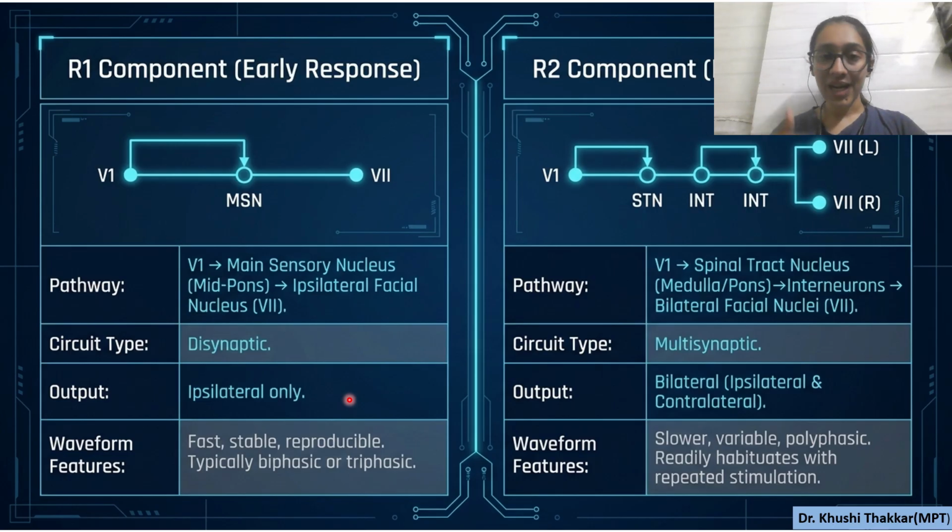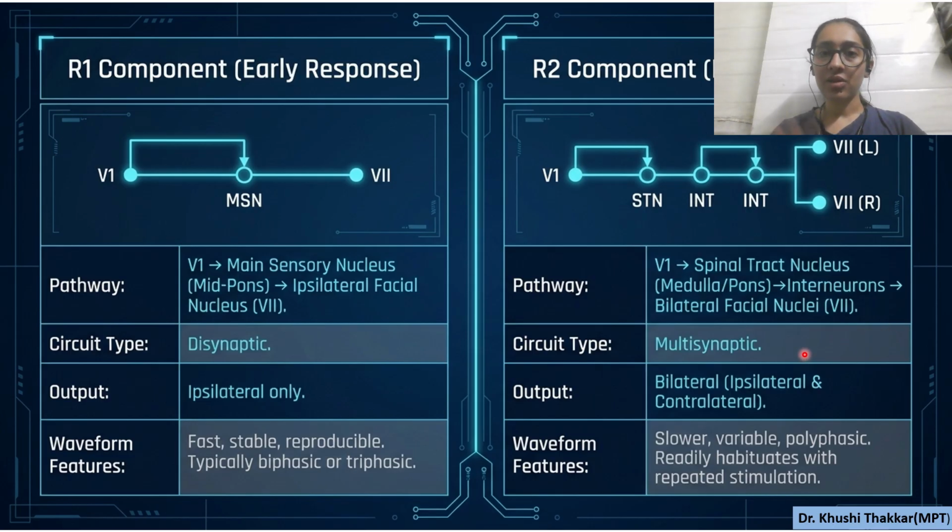Wave features: it is fast, it is stable, you can reproduce it again and again, and it is typically biphasic or triphasic in waveform. Now R2, the pathway from your V1. Since the pathway is complex, the response is going to be late. So here again V1 is your stimulation. Now it's going to the spinal tract nucleus, that is in the medulla, lateral medulla and pons. Then there are interneurons, and then R2, two types of R2: one is ipsilateral, one is contralateral to the facial nerve nucleus, so bilaterally.